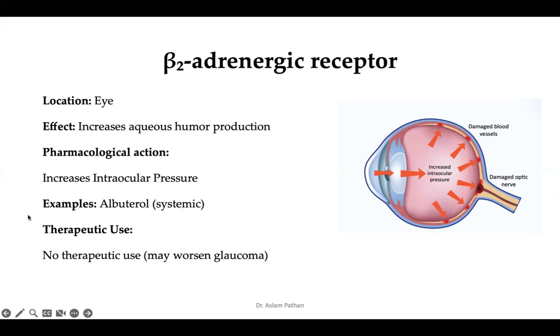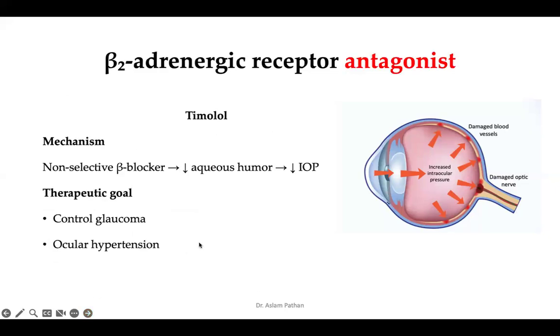Now, if aqueous humor production is increased due to a beta adrenergic agonist drug, how to manage? We need to give a beta 2 adrenergic receptor antagonist, and the most commonly used drug is timolol.